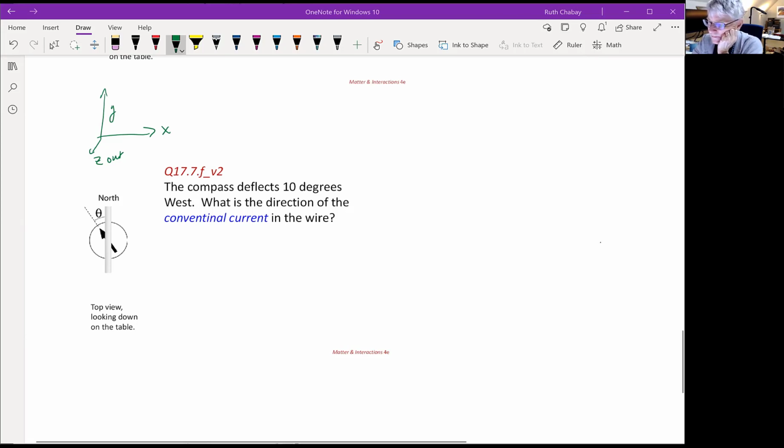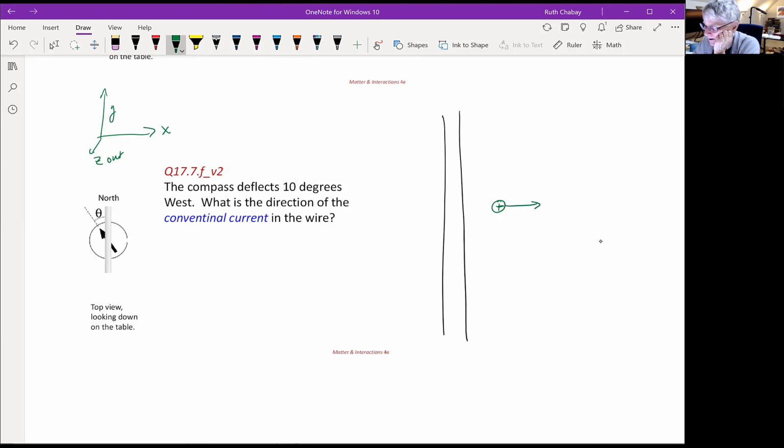So here's our wire going like that. Is it possible for charged particles in the wire to be going that way? Or that way?